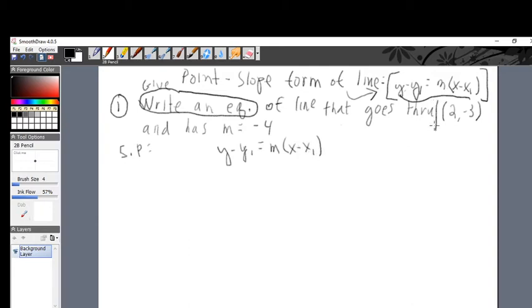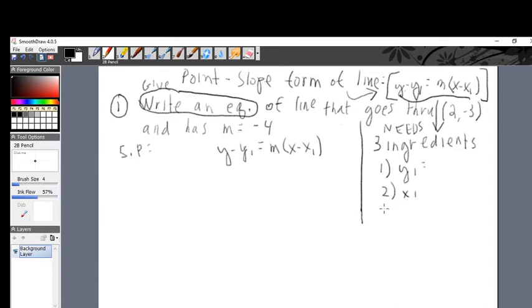Now this formula needs three ingredients. 1, it needs a y1. 2, it needs an x1.